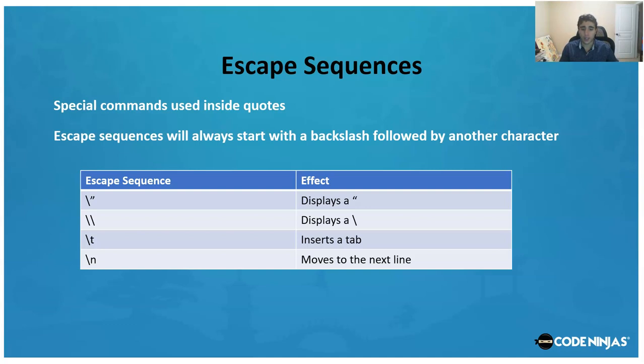If we want to print a backslash, because now backslash is a special character as well, we just use 2 in a row. To insert a tab, we do backslash t, and to move to the next line, we do backslash n.